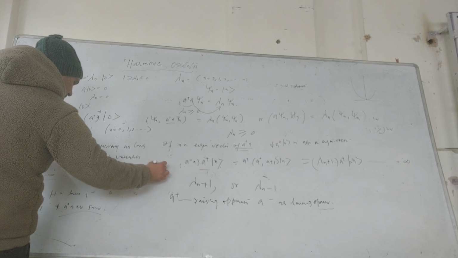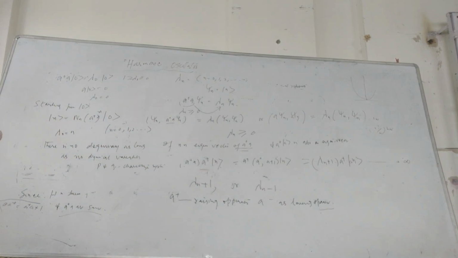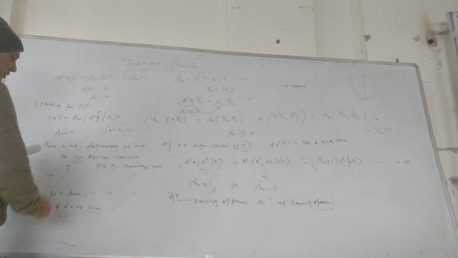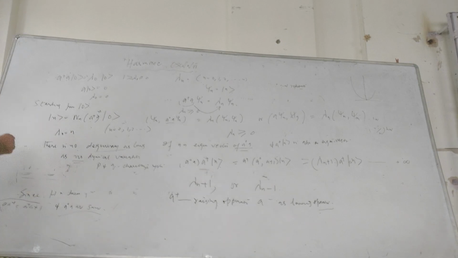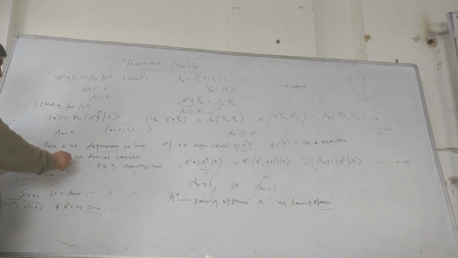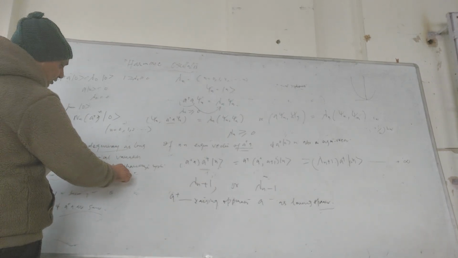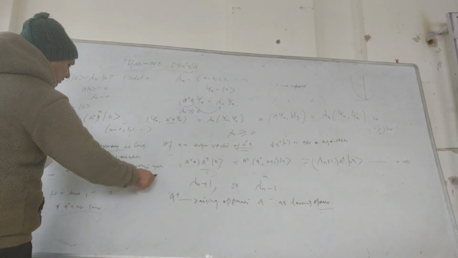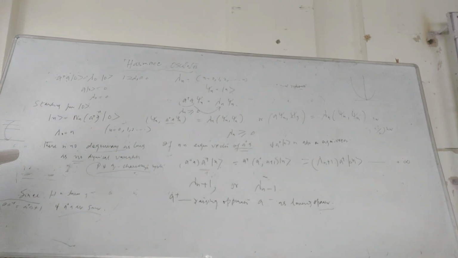What does this mean? Degeneracy means different states would have the same eigenvalue; here all different states will have a unique eigenvalue. So there is no degeneracy as long as no dimensional variables characterize the system.